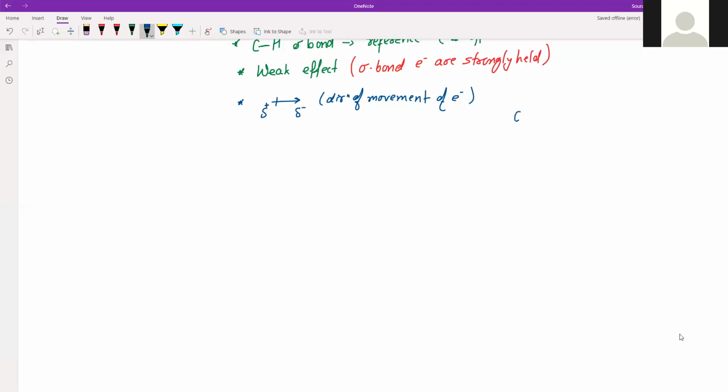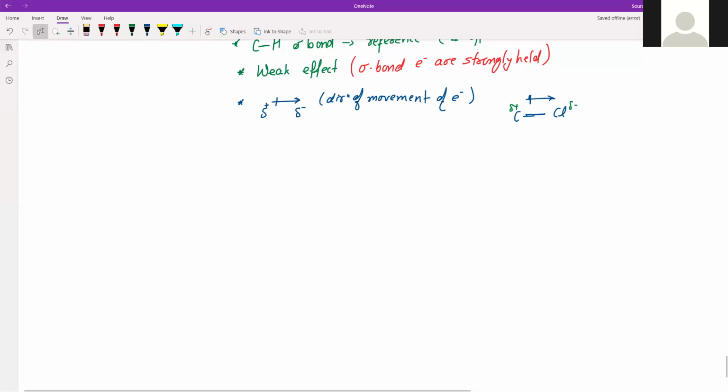So if it is C-Cl, the electrons will move towards Cl. It will be shown like this. This means a slightly positive charge develops here and a partial negative charge develops at chlorine.